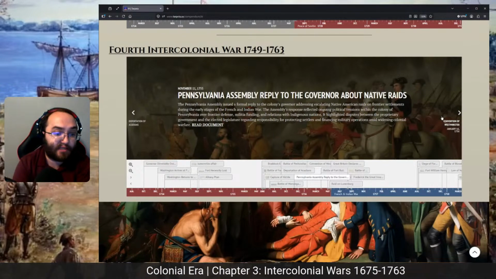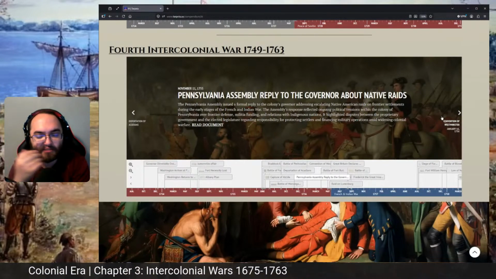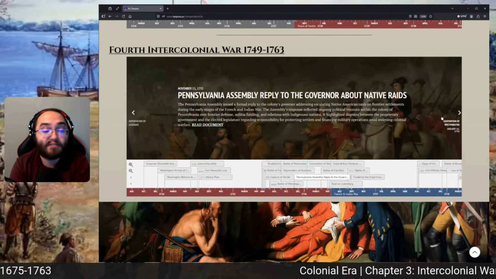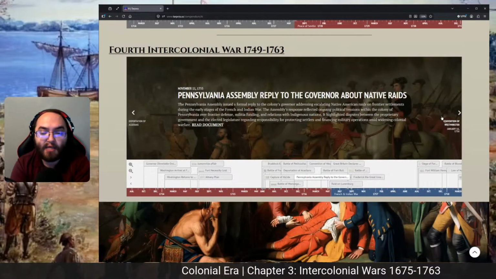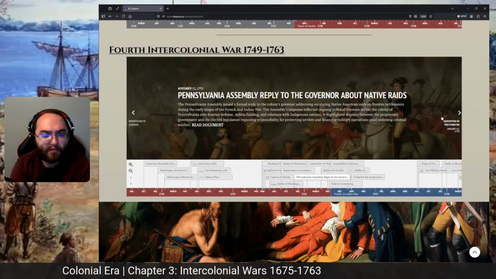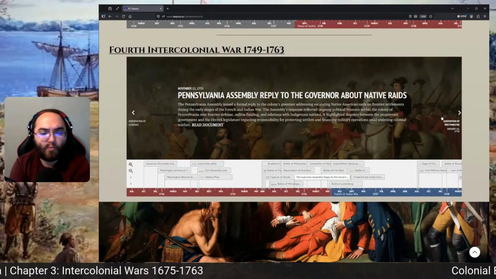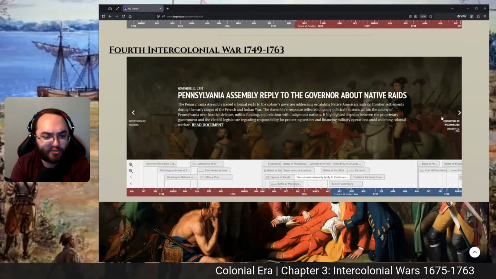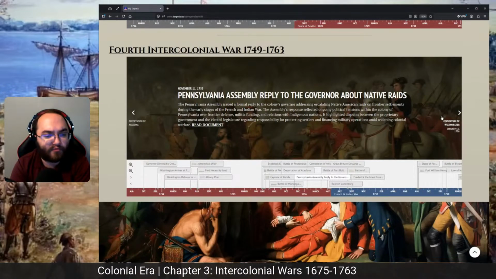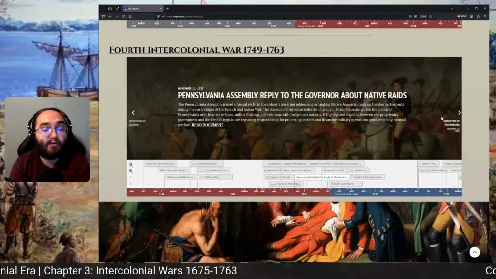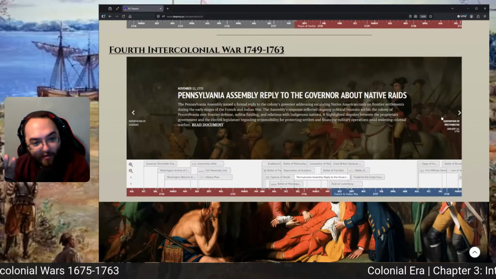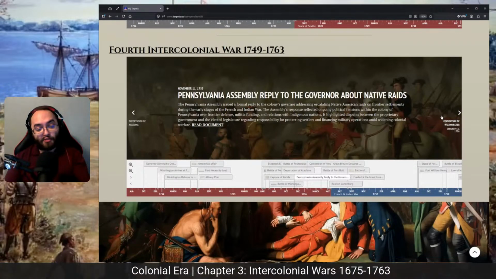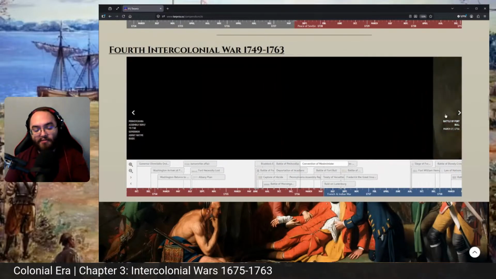This is the 1670s, 1675, 1676, and the royal governor of Virginia back then was not really doing all that much to help defend the frontiersmen, the English colonists on the frontier, when dealing with native raids. And this angered the Virginians back then, and now it's angering the Pennsylvanians because their governor is doing the same thing, which is not much at all to deal with the native raids.